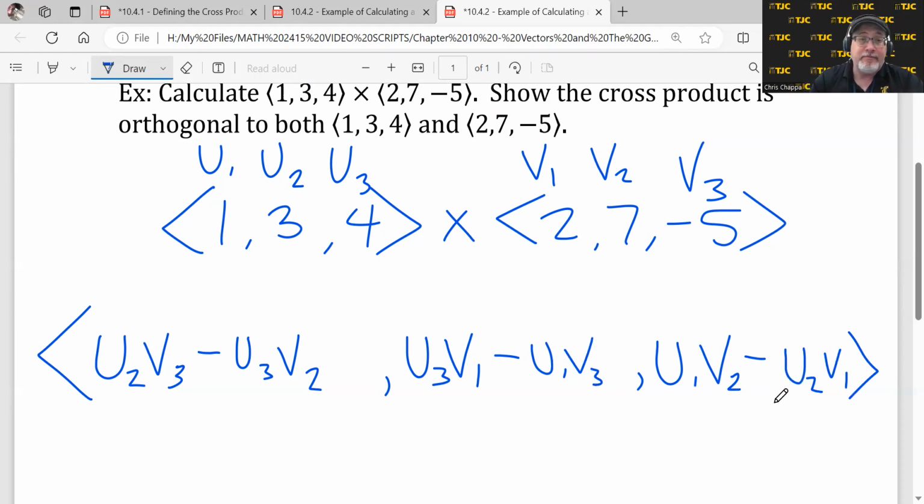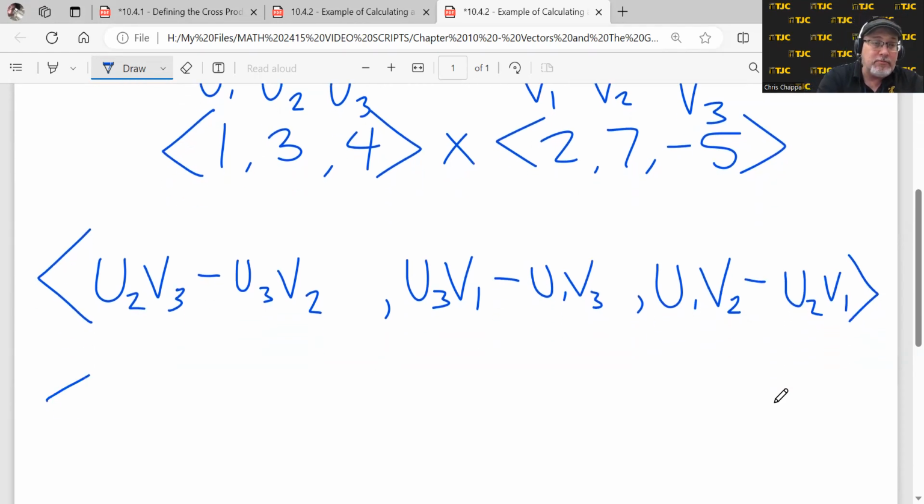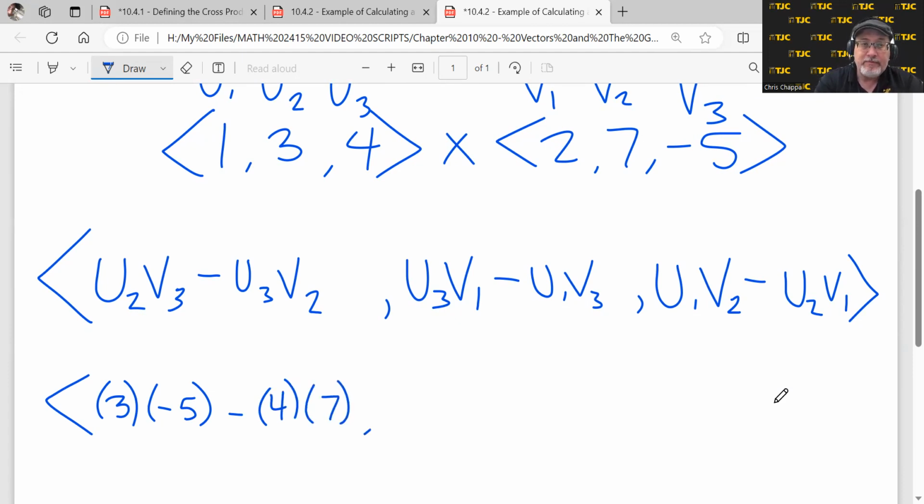Now let's figure it out. Second U is 3 times the third V is -5 minus the third U is 4 times the second V, which is 7. Second component of the cross product, third U, which is 4, times the first V, which is 2, minus the first U, which is 1, times the third V, which is -5.